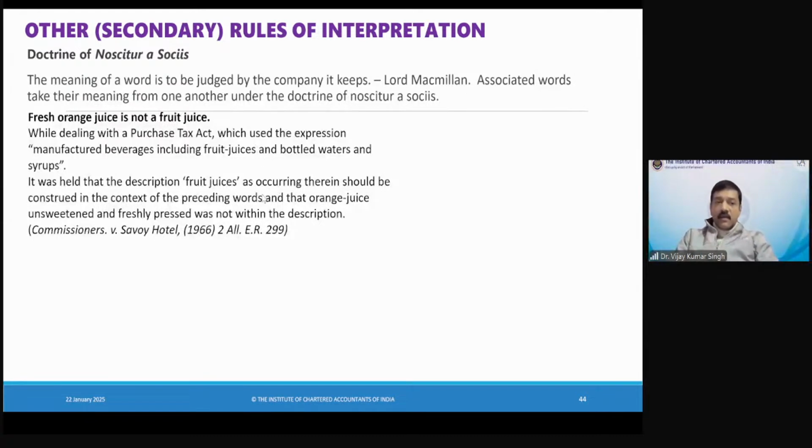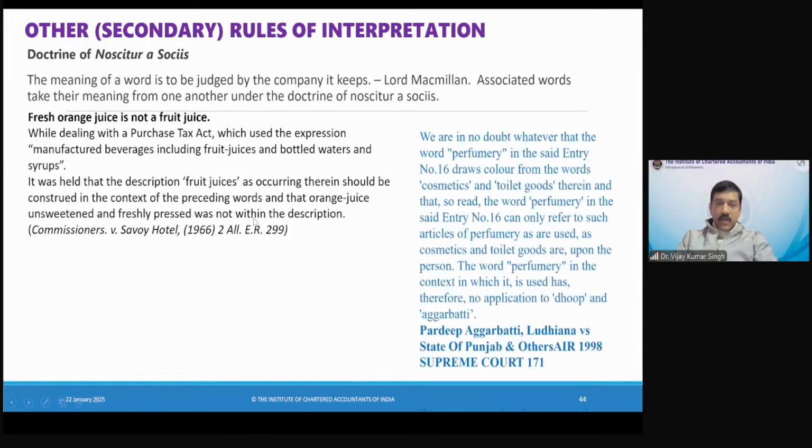Why? Because here the manufactured beverages, including fruit juices, bottled waters and syrups, talk about canned waters or canned processed material. It is not fresh natural juice, and hence fresh natural fruit juice was not included in this particular definition. I hope this clears your doubt, Sabah. Any other questions?